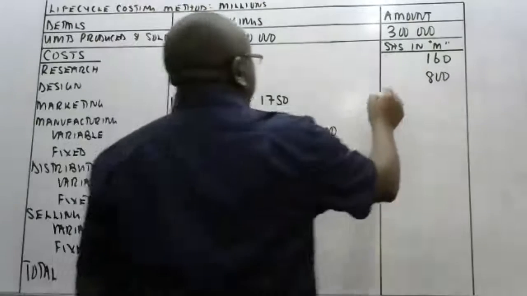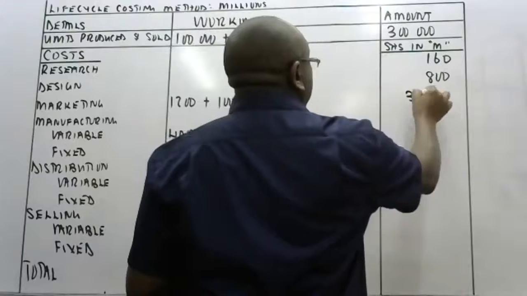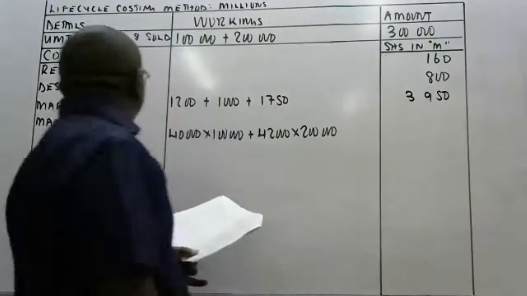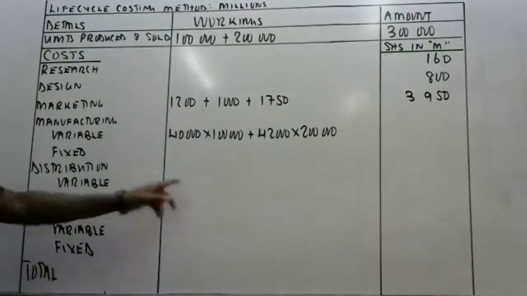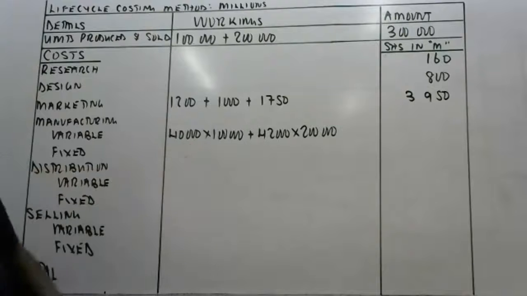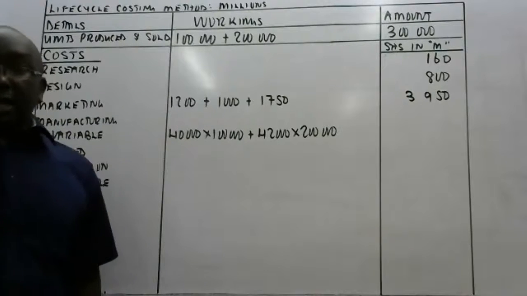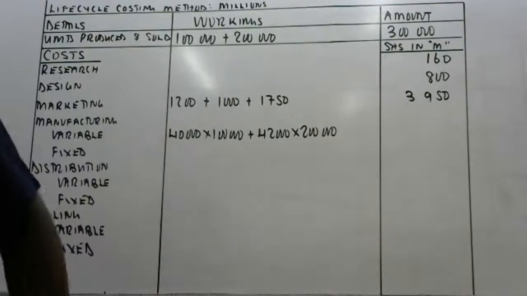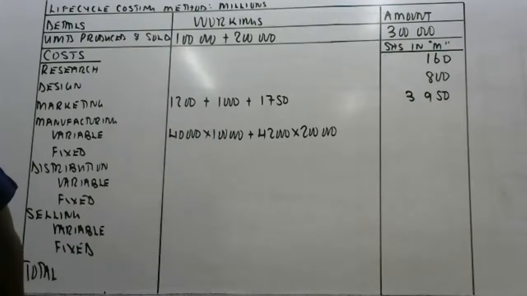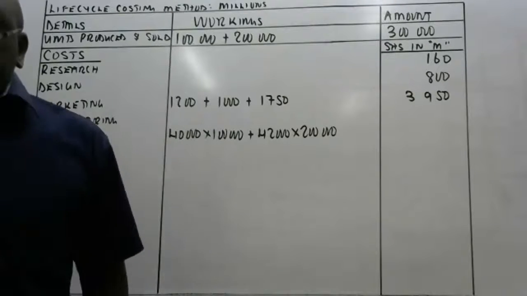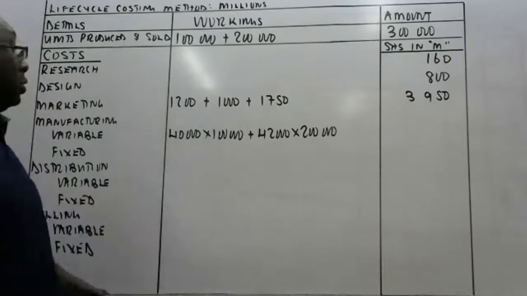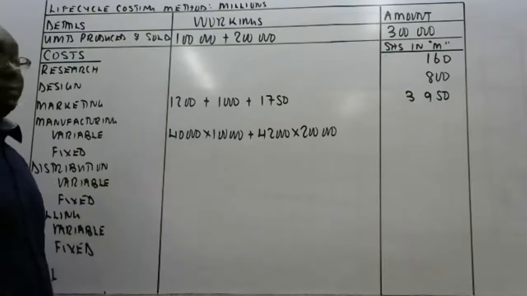That 950 gets that 950. Let us come now to this one. Multiply and give me now in terms of millions.